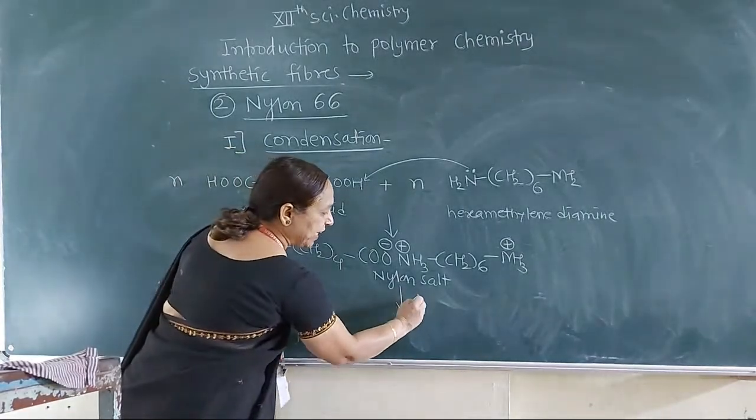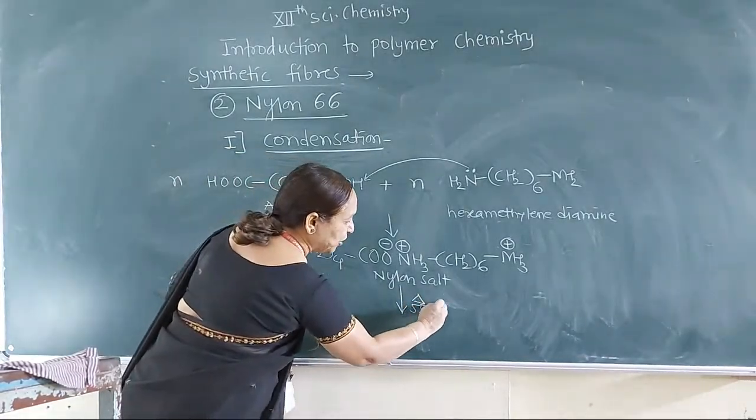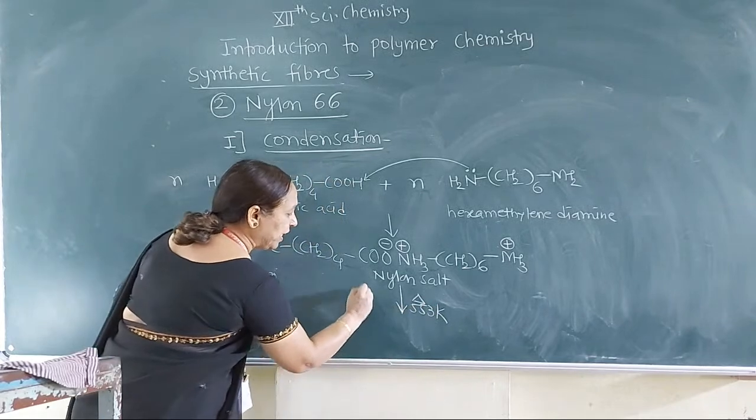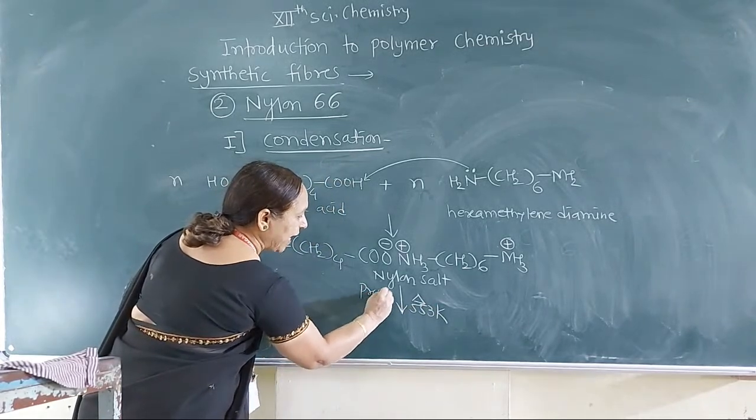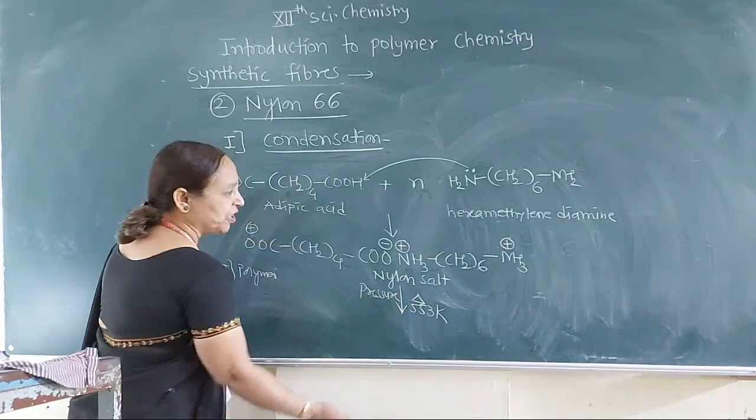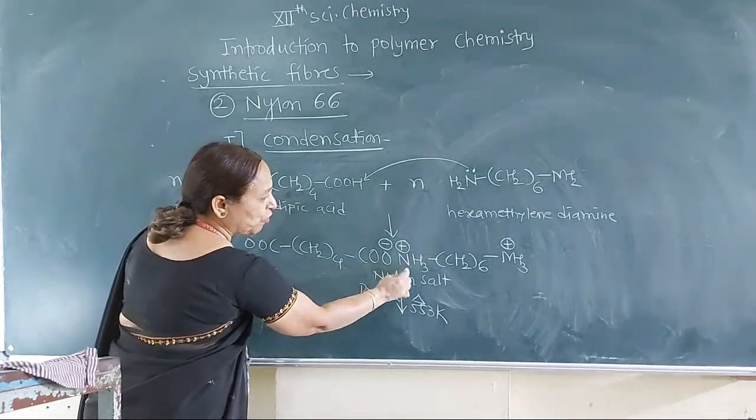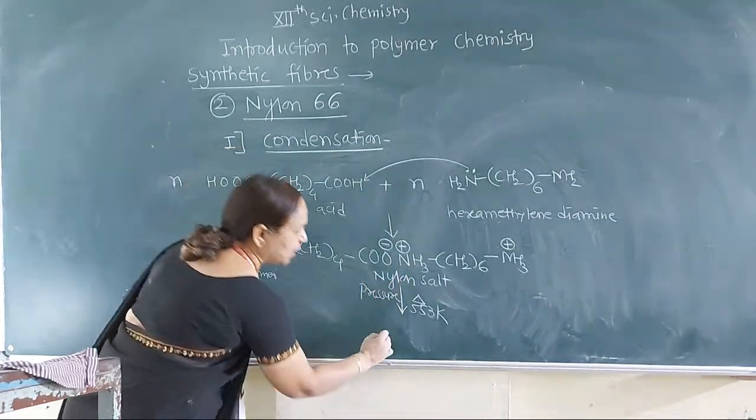In the second step, this nylon salt undergoes polymerization. Polymerization takes place when it is heated at high temperature, nearly 553 Kelvin, and the reaction takes place under pressure, and elimination of water, H2O, takes place.